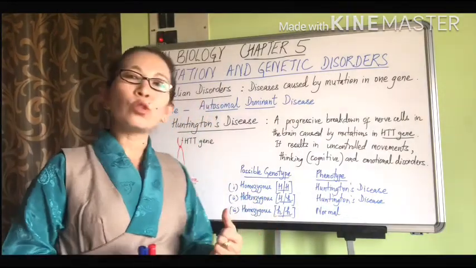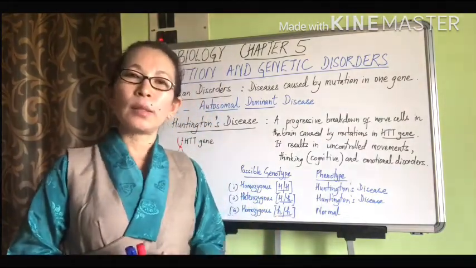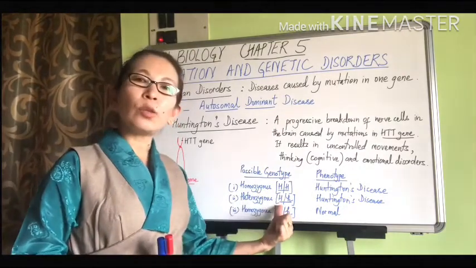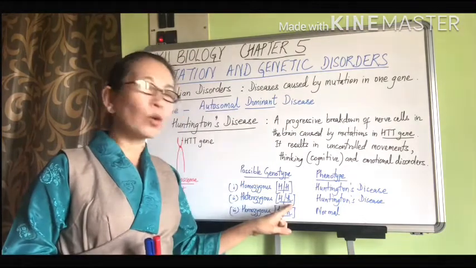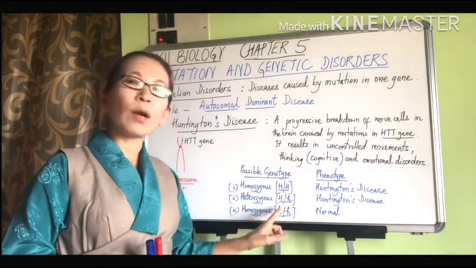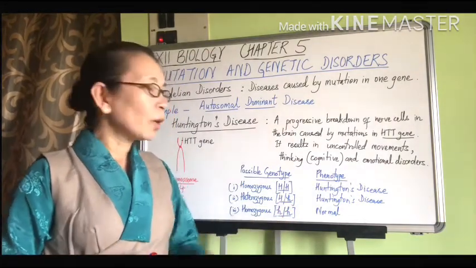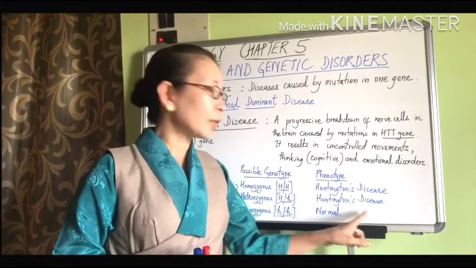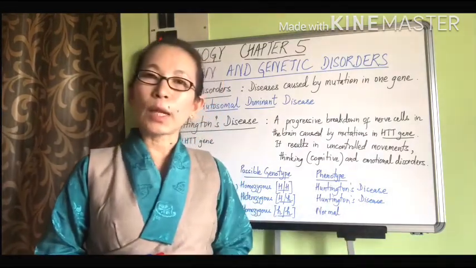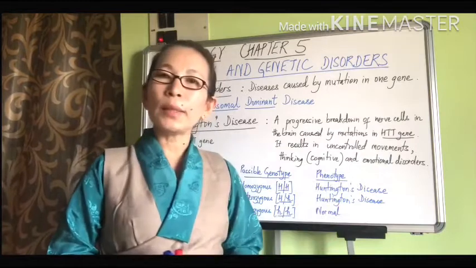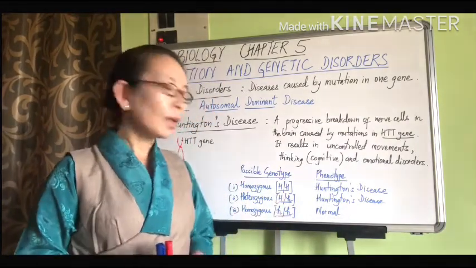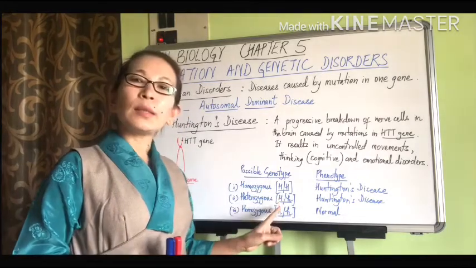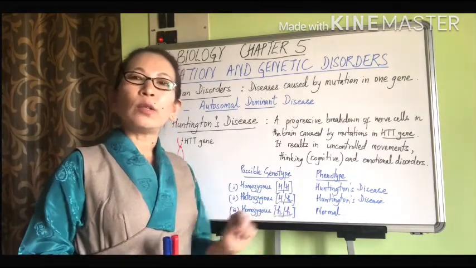Now those individuals who are heterozygous, having 1 copy of Huntington's allele and 1 normal copy, also express the disease phenotype. So they are also suffering from Huntington's disease. This tells us that Huntington's allele is dominant over the normal allele.